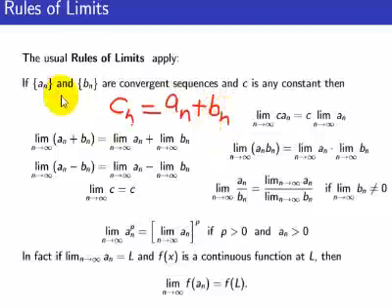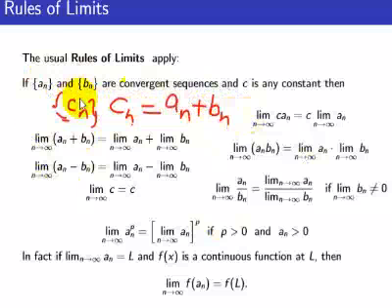So here we generate another sequence C sub n, which is the sum of these two elements. So C1 is A sub 1 plus B sub 1, C2 is A sub 2 plus B sub 2, and so on.